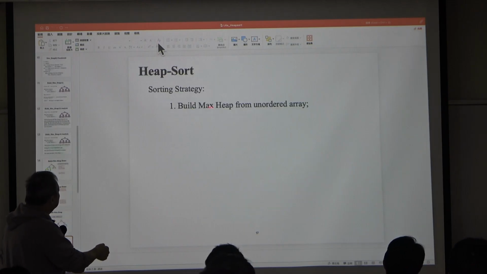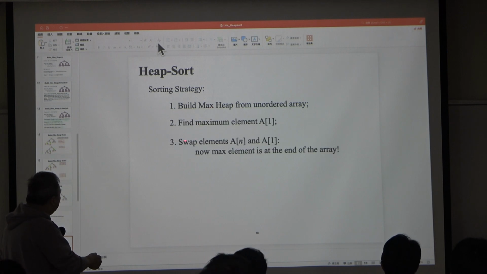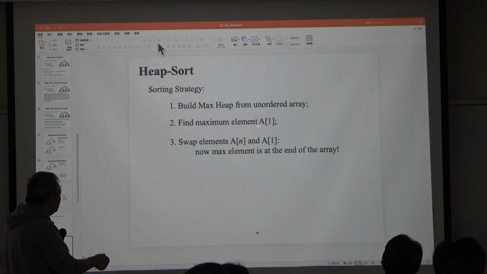we first build a max heap from the unordered array, which takes linear time, and then we find the maximum element, which will be located at the first place, and then we swap element A[n] and A[1].